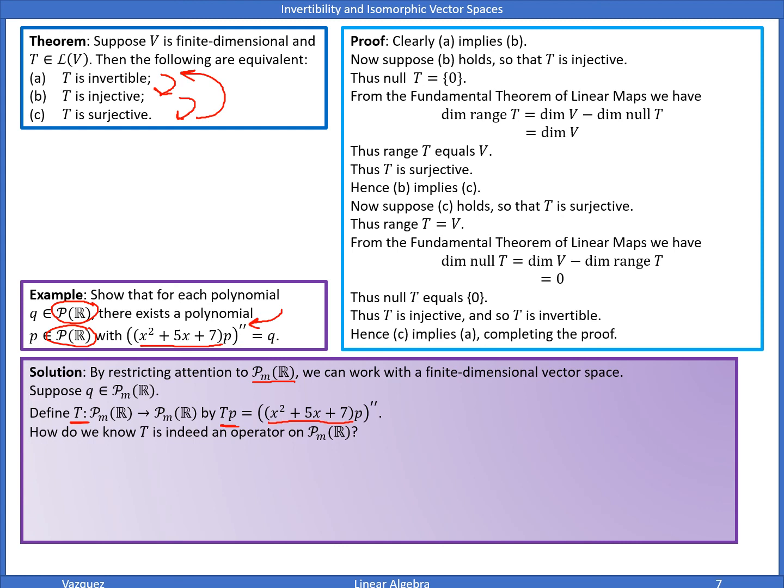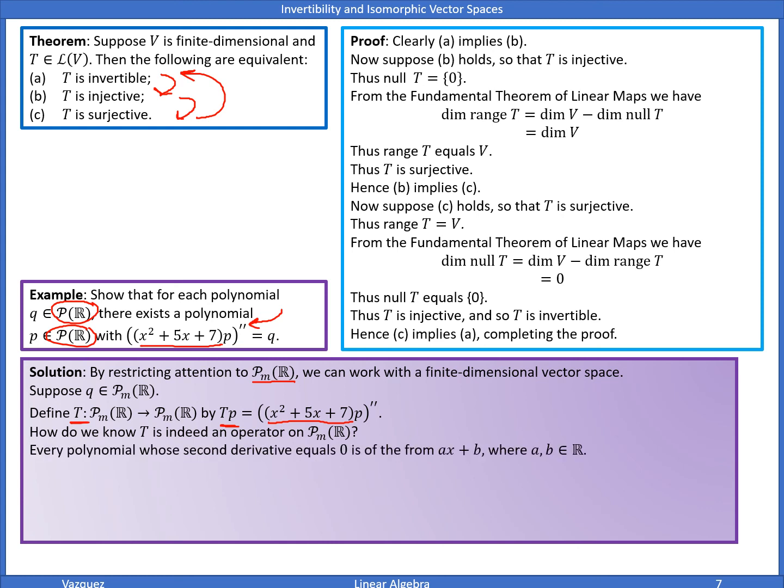The reason we know it's an operator is because multiplying by that trinomial increases the degree by 2, but then taking the derivative twice reduces the degree by 2. That's how we know T is an operator, right? It's mapping to the same space.